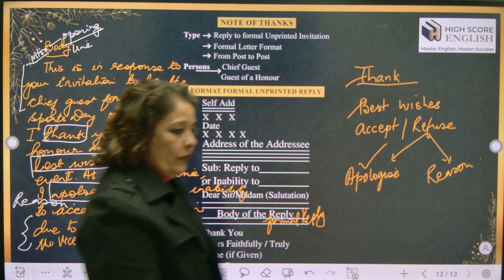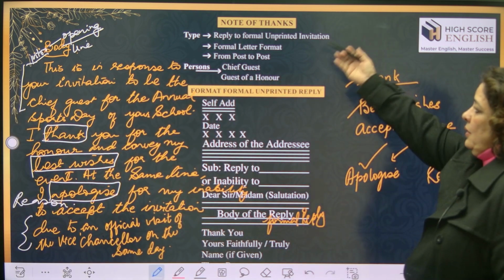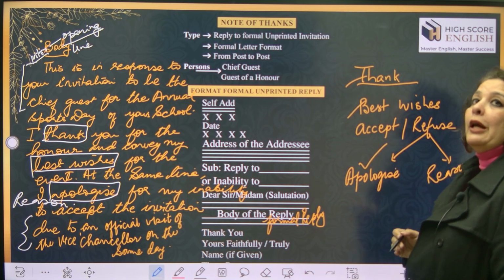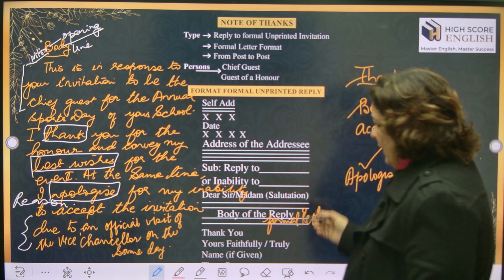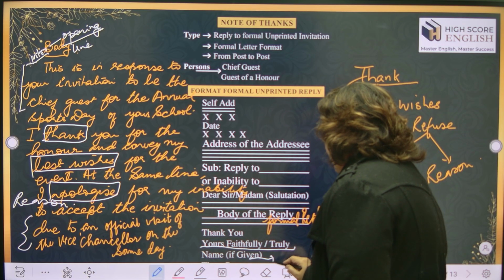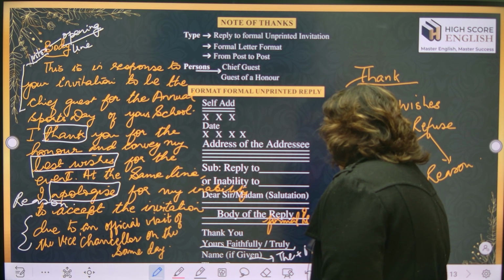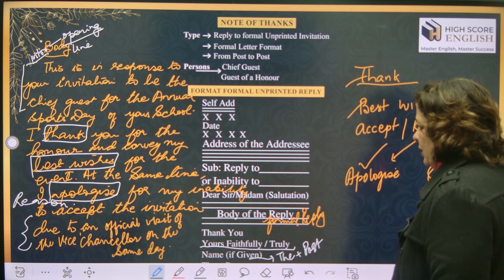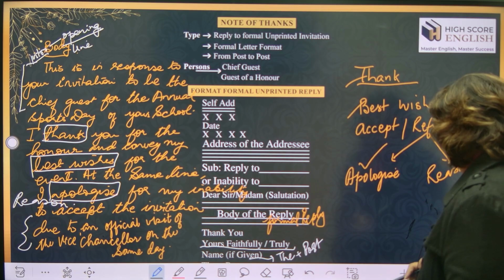Is it clear? So we are done with this formal format of a formal printed reply, and obviously it is from one post to another post. After this we are going to write the post. Fine, from one post to another post, so it has to be there.